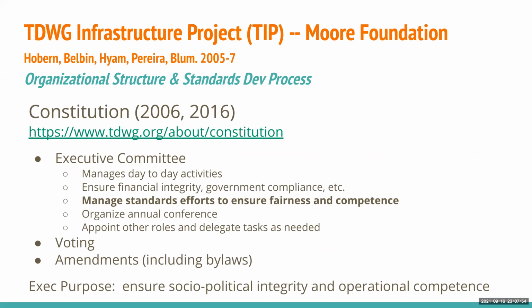However, that incubated for a few years, and it wasn't until we got funding from the Moore Foundation in the form of the TDWG Infrastructure Project, which ran from 2005 to 2007 with Donald Hoburn as the PI, that enabled us to hire 3 full-time staff for a year, 2.5 years, Lee Belbin, Roger Hyam, and Ricardo Pereira.